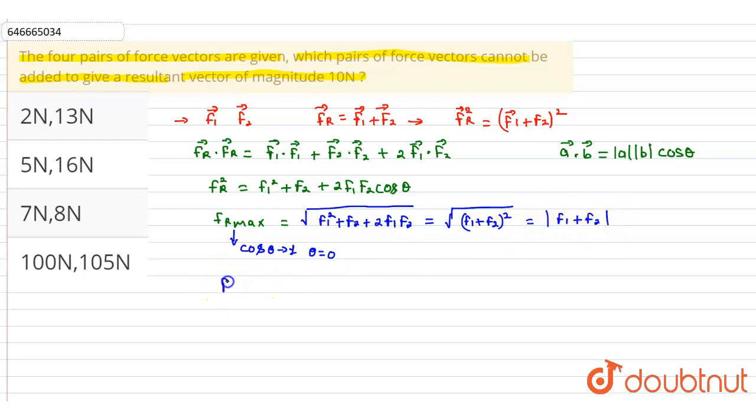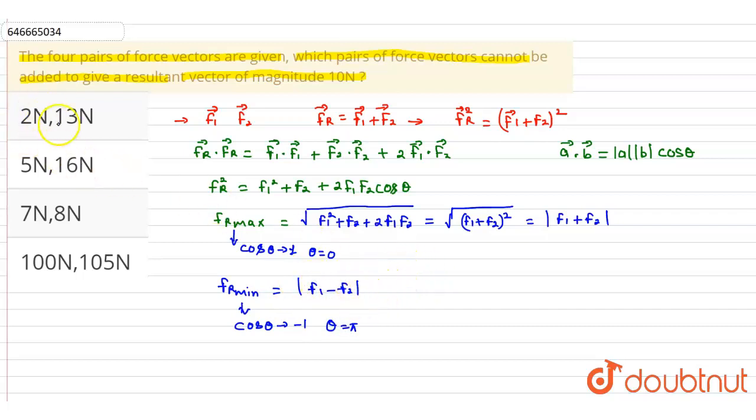Similarly, when we talk about the minimum resultant force, it occurs when cos theta is minimum. So cos theta minimum is -1, at theta equal to pi. So the minimum resultant force is mod of F1 minus F2.